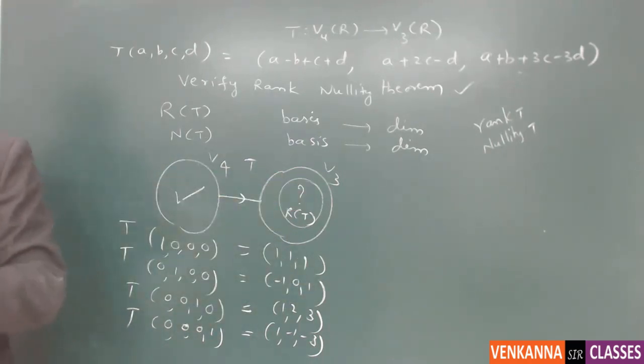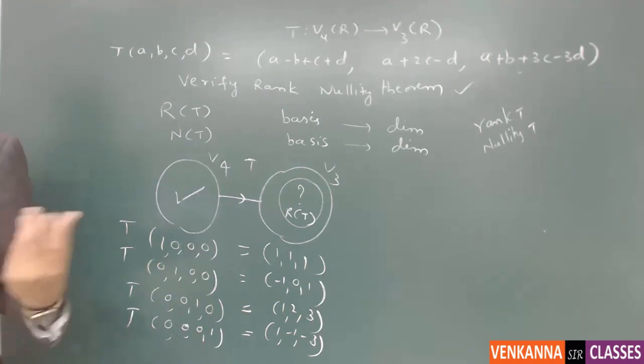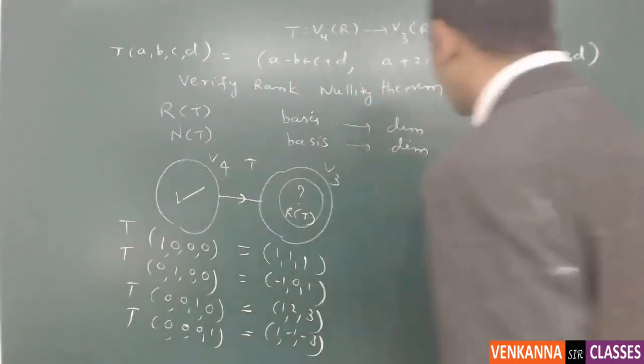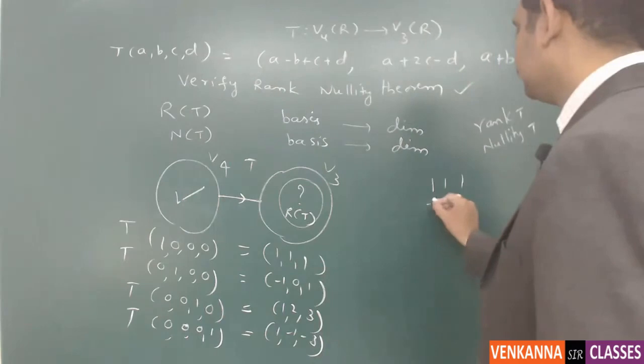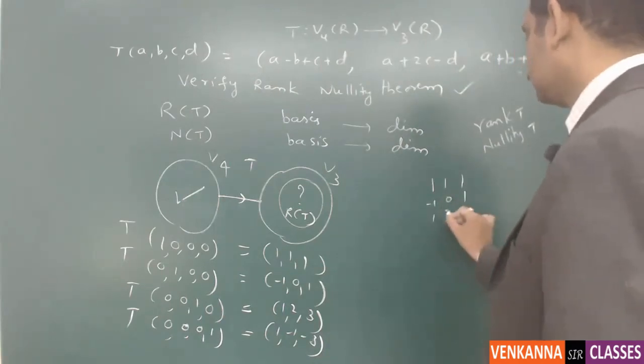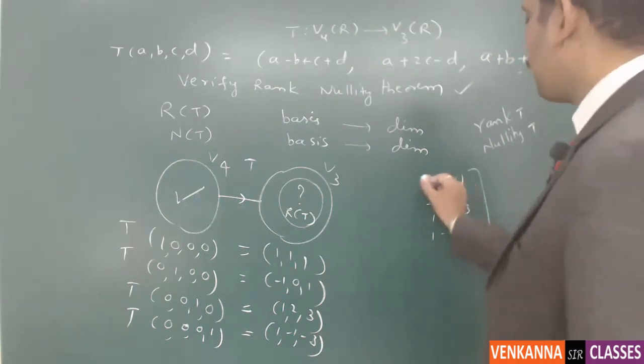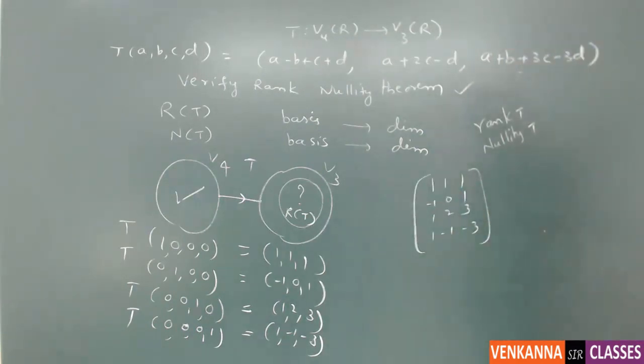In other words, you have obtained a set of vectors in R of T. So using them, I am going to get a linearly independent set, which gives the basis as well as I can calculate the dimension. So you consider them as a matrix. Now apply row operations and reduce that into echelon form.